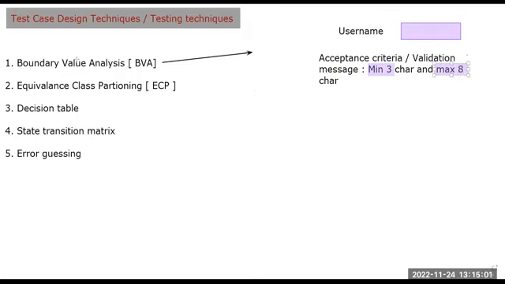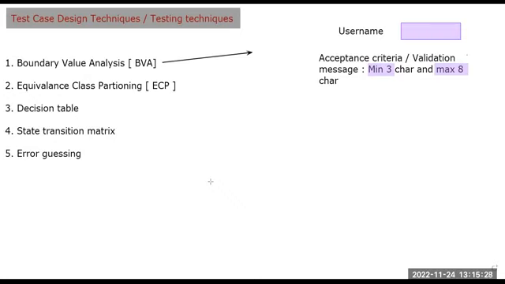Guys, just try to understand. Whenever you get a requirement with an input field, and there is a validation message or alert saying you have to enter minimum this many characters and maximum this many characters, in that case we have to apply boundary value analysis for deriving our test scenarios.